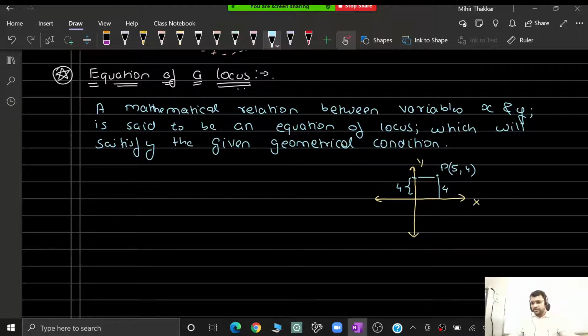The horizontal distance represents the x value, which is 5. So this point over here has to be 5, this point over here has to be 4, and we have a special name for this. The abscissa is the x coordinate and the y coordinate basically is called the ordinate.